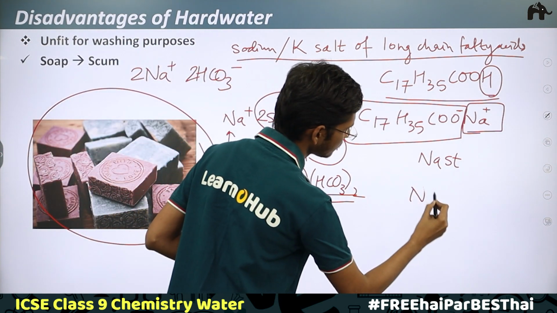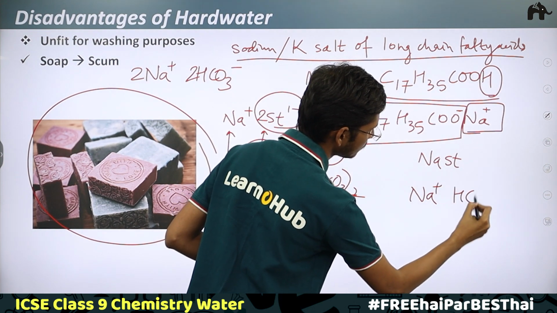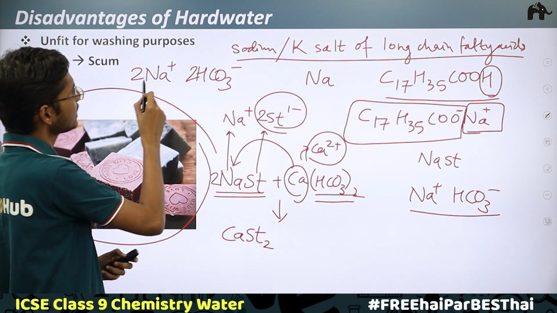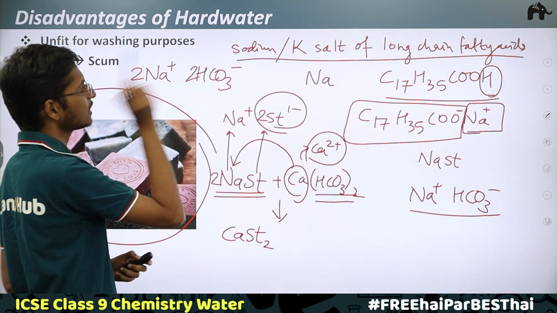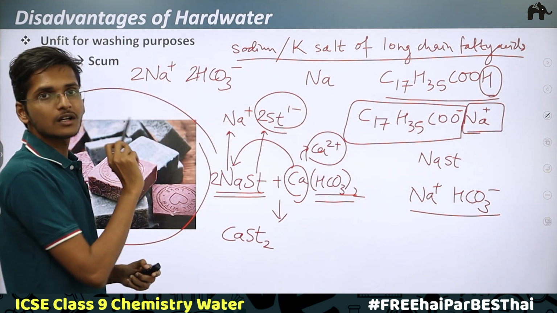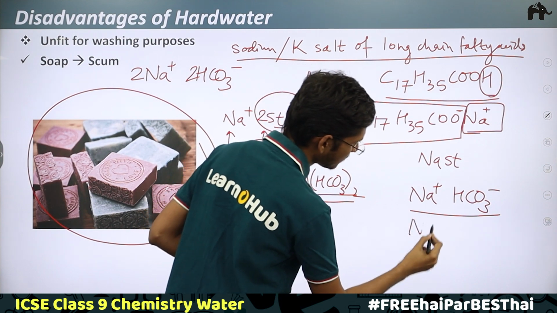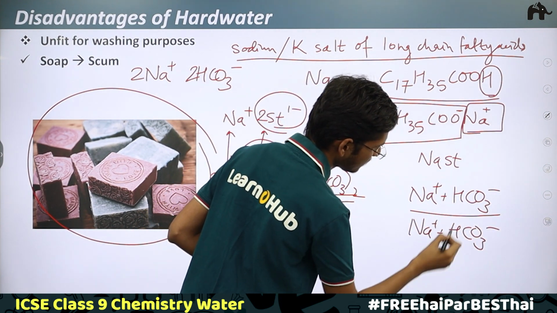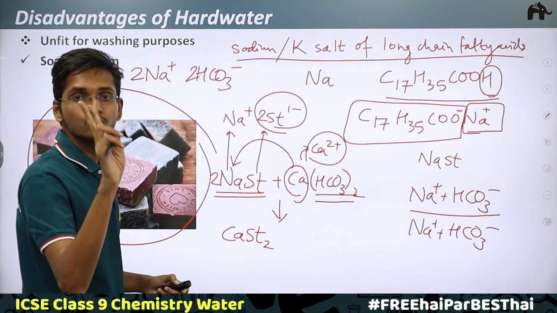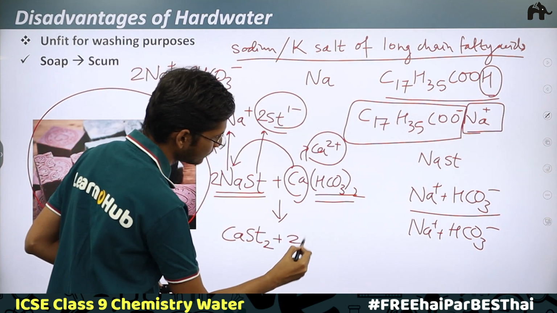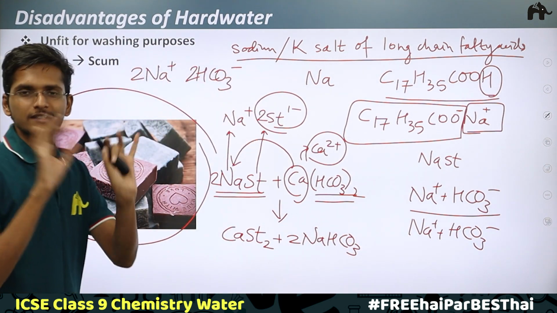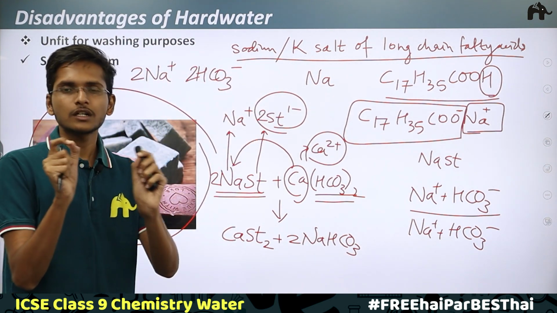Here I will write 1 sodium plus would combine with 1 HCO3 minus, and form NaHCO3 simply. And the other sodium plus would combine with the other HCO3 minus, since there are 2 Na, and it would also form NaHCO3. So there are 2 NaHCO3 which are formed. So 2 NaHCO3.